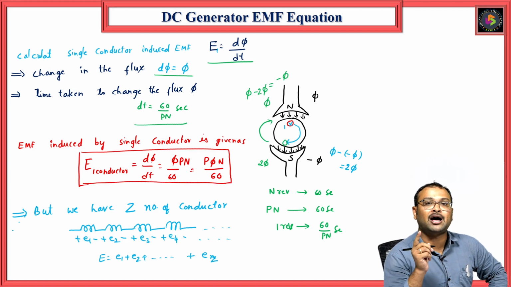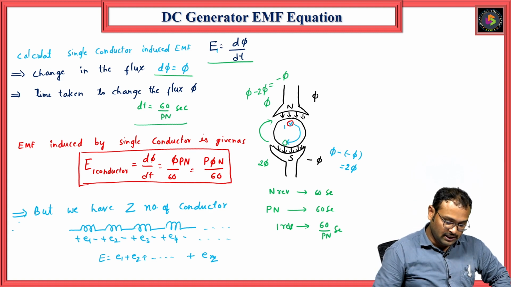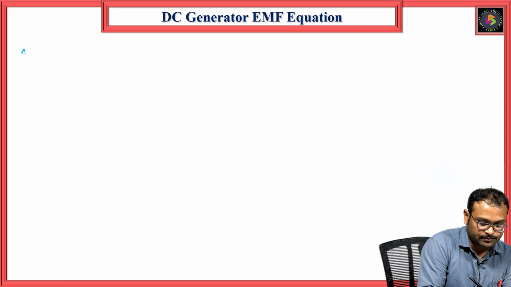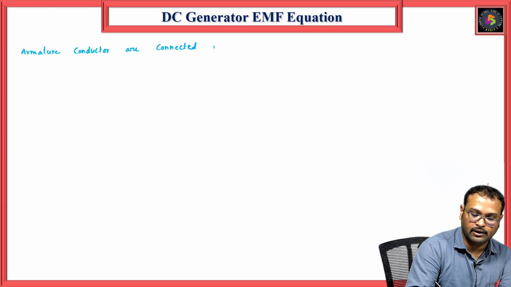But here the problem is armature winding, all the conductors are not connected in series. We have seen that. So armature conductors are connected in two types.